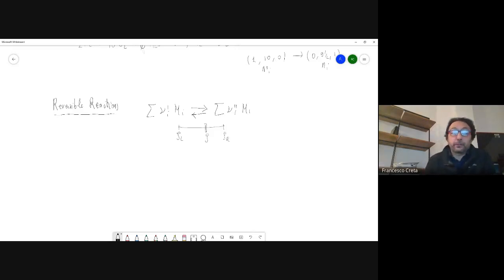So I have a variable psi which changes in this domain, in this interval, where L and R simply stand for left and right.